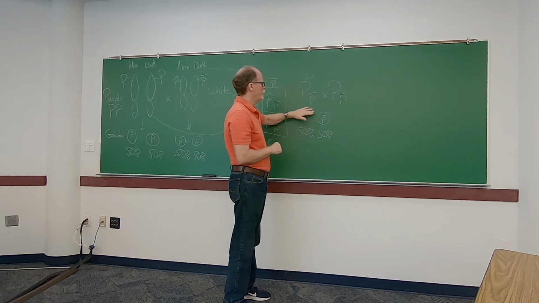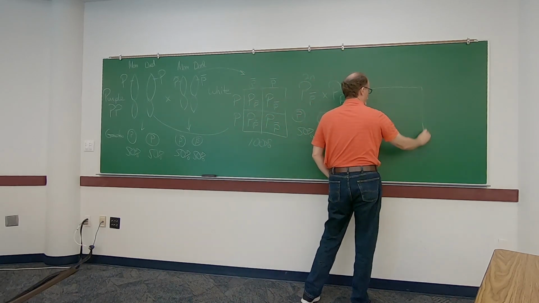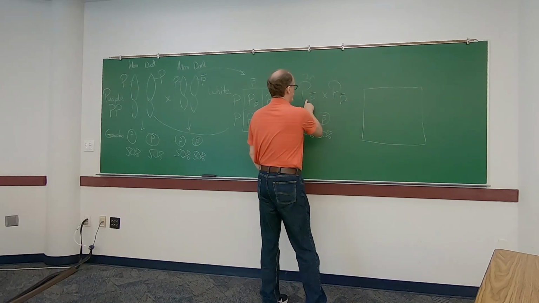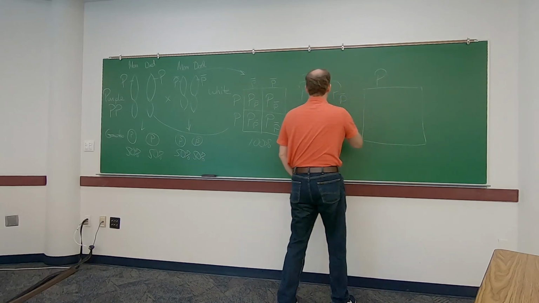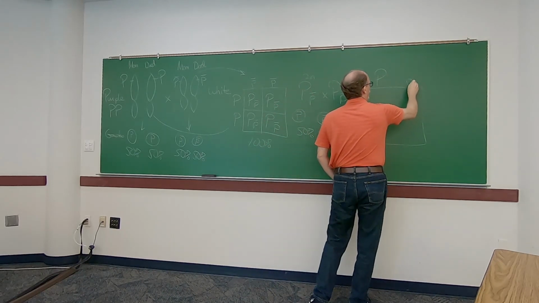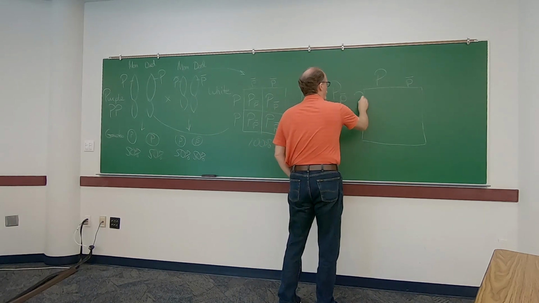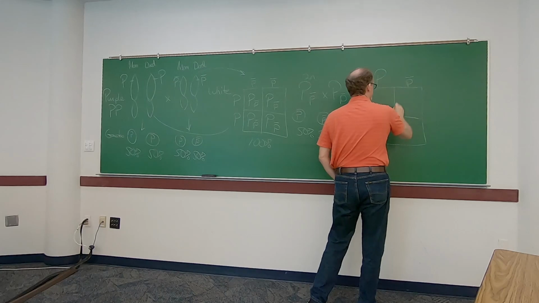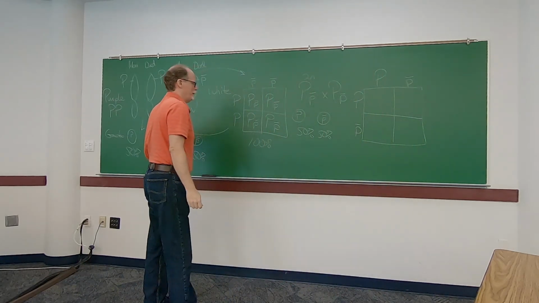So we do this cross, then we generate this Punnett square. We have this guy, 50% will be big P, 50% will be little p. This guy's the same thing, right? Big P, little p. So we're doing the same thing we did here.